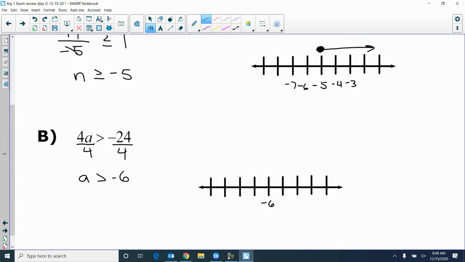And so I got -6, -5, -4, -7, -8 there. Open dot. Shade to the right, because it's just greater than.